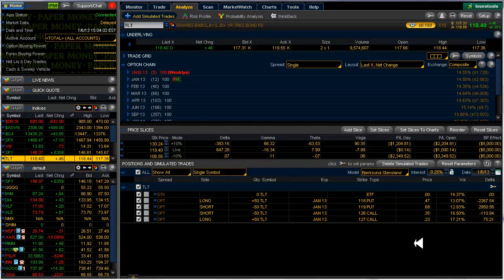So that's done with. His position is on TLT, and when I open up Thinkorswim, this is what I see. I have TLT up here in the box. He wants to keep his risk level at $5,000, and he has a maximum of $6,500 in his account.